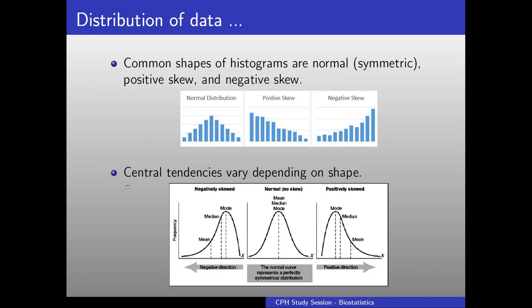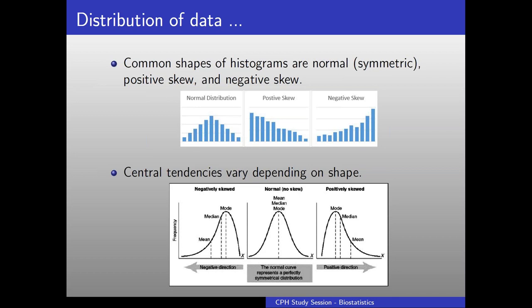However, if a distribution is negatively skewed, meaning more observations are on the right than the left, then the median tends to be bigger than the mean, and the mode tends to be bigger than the median. Conversely, if it's positively skewed, meaning many of the observations are on the left, then the mean is greater than the median, and the median is greater than the mode.